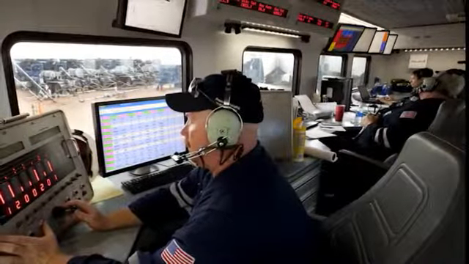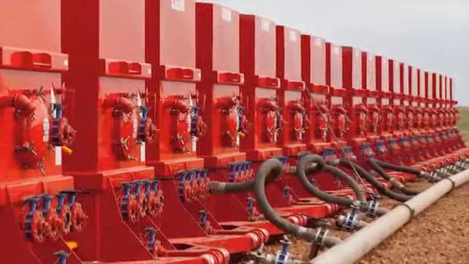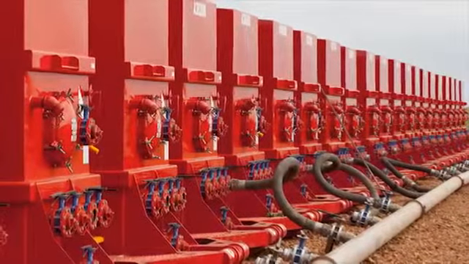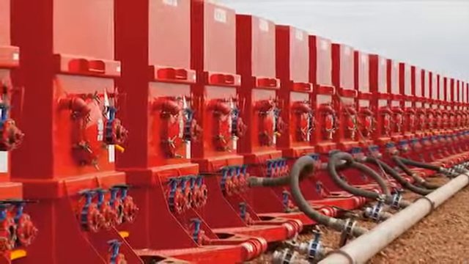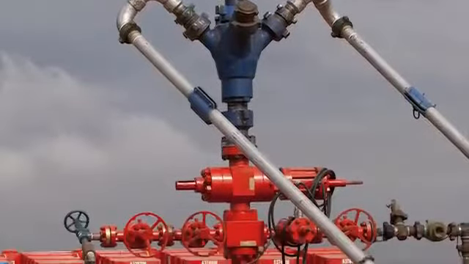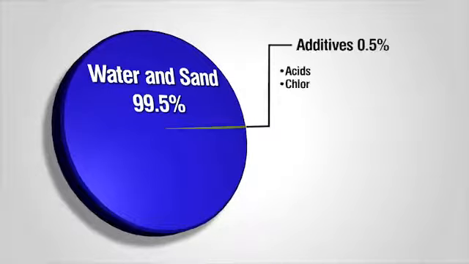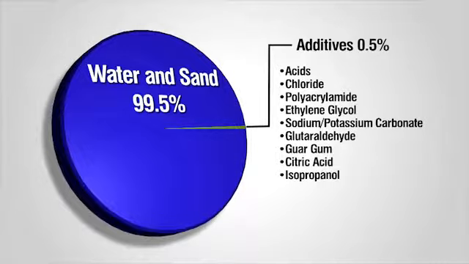The process consists of pumping a mixture of mostly water and sand, plus a few chemicals, under controlled conditions into deep underground reservoir formations. The chemicals are generally for lubrication, to keep bacteria from forming, and to help carry the sand. These chemicals typically range in concentrations from 0.1 to 0.5% by volume and help to improve the performance of the stimulation.